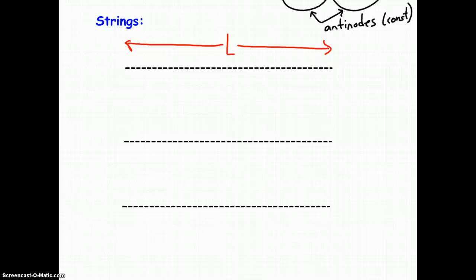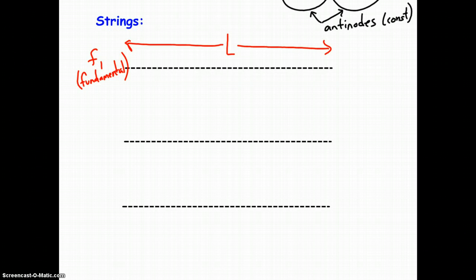The first frequency we're going to take a look at is called F1. It is the lowest frequency note that can be produced in a string, and that is why it is called the fundamental frequency.